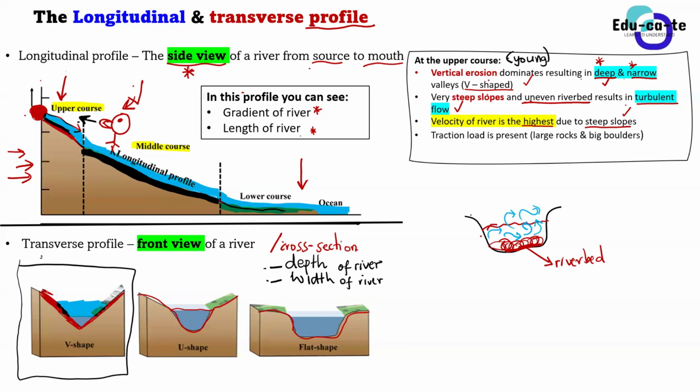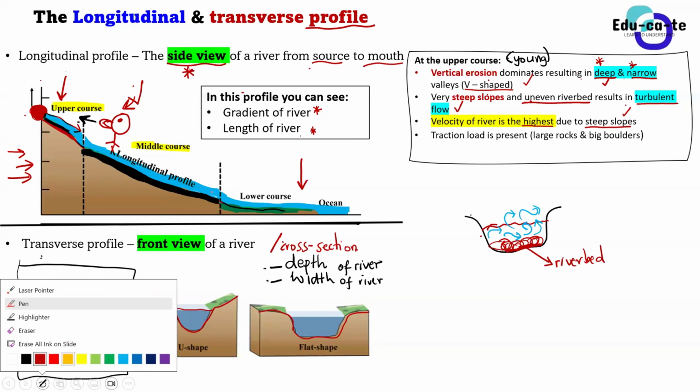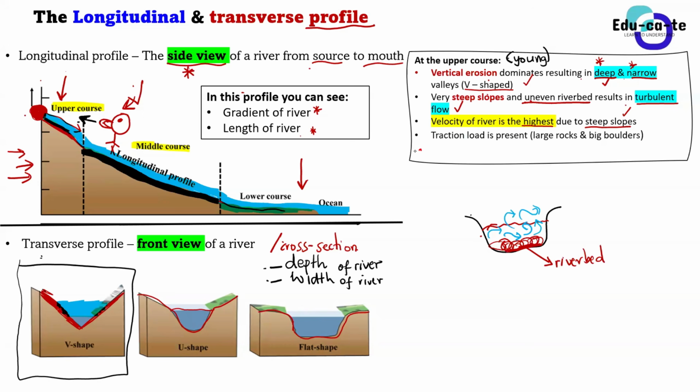All right. So now, the other thing that you can add, guys, is that when water is flowing quickly, it has got a bigger carrying capacity. So at the upper course, there is a bigger carrying capacity. What is that?